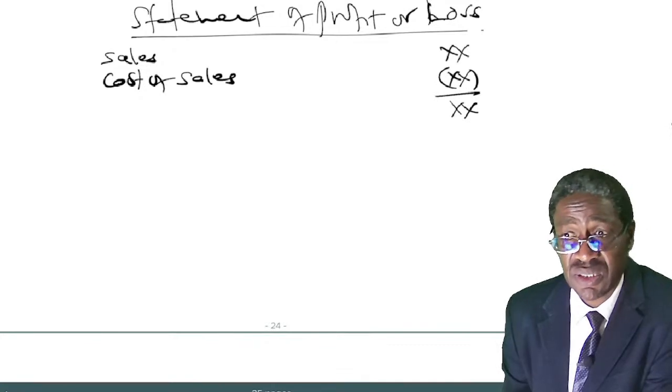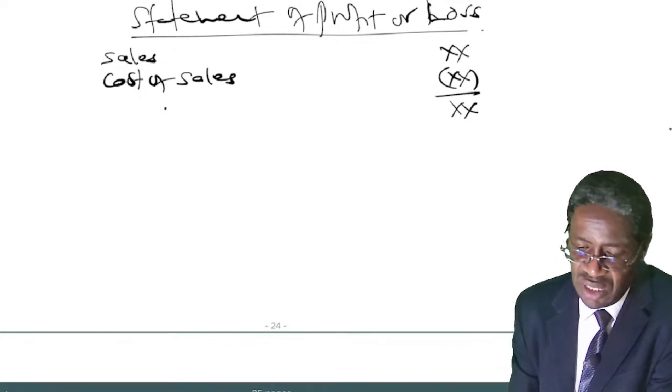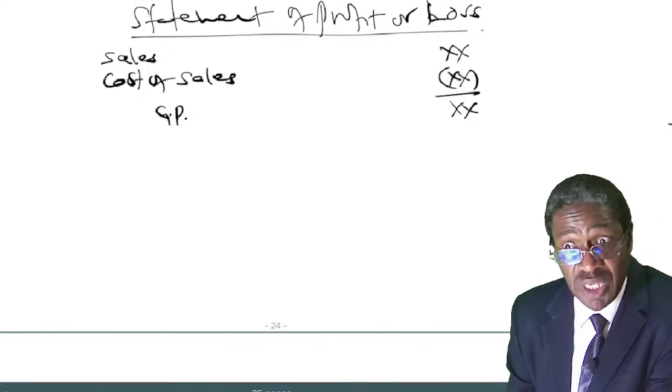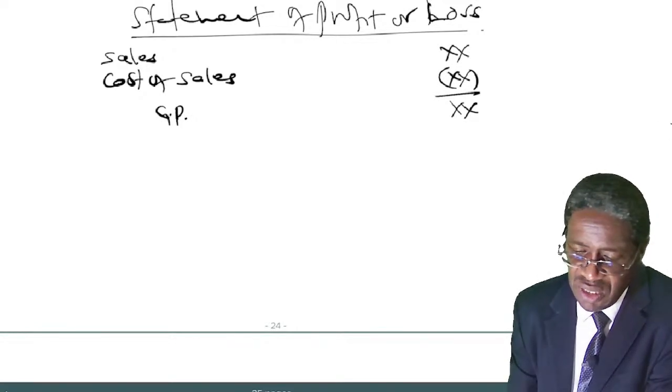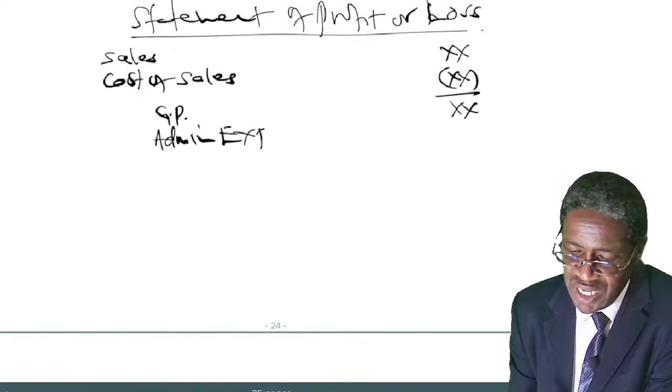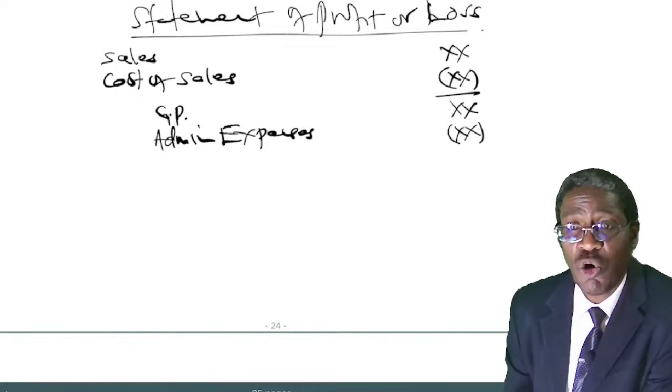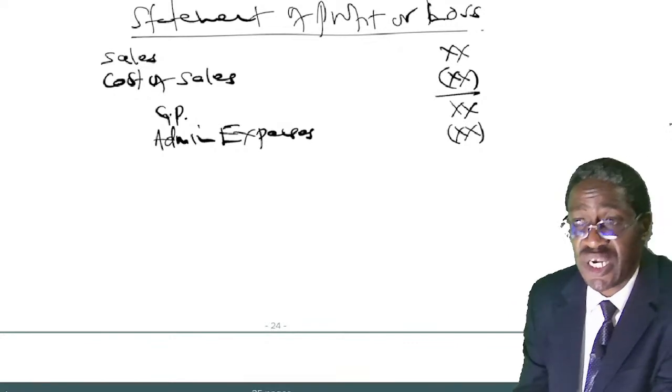Then get the gross profit or the GP. Then you minus expenses, one of them being the admin expenses. Get it somewhere again as a total of all your admin expenses.